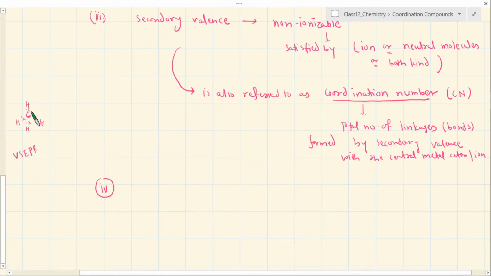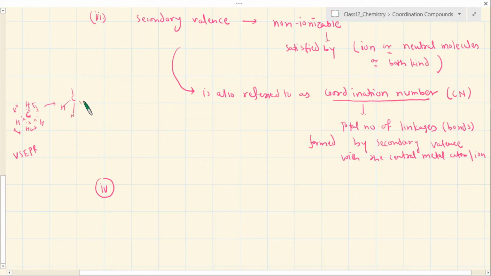Why? Because there is a huge repulsion, correct? They repel each other strongly, and they cannot fly away from carbon, right? They are attached to carbon. So they will orient themselves in such a structure which will minimize the repulsion, and that leads to tetrahedral geometry for methane.